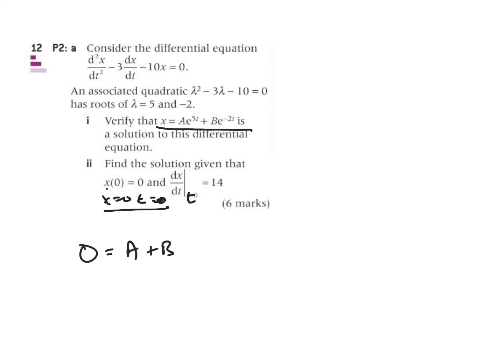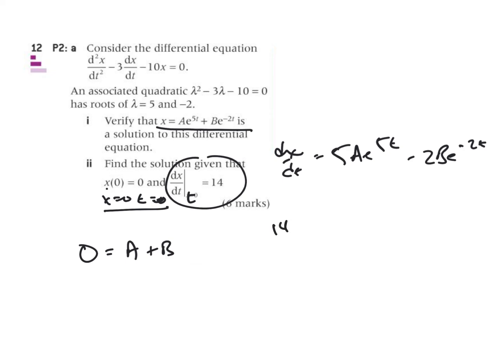The other one I'm going to do is if I look at the derivative, which was dx/dt, which was 5ae^(5t) minus 2be^(-2t). If I use this value, I know that 14 is equal to 5a minus 2b.